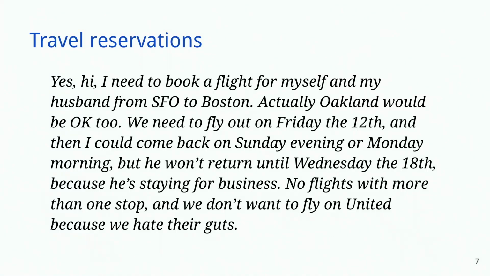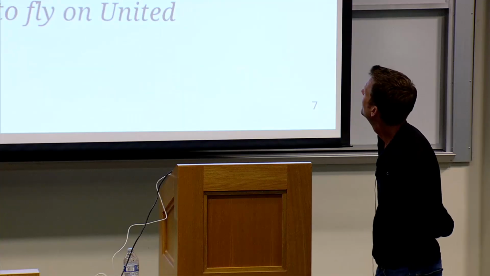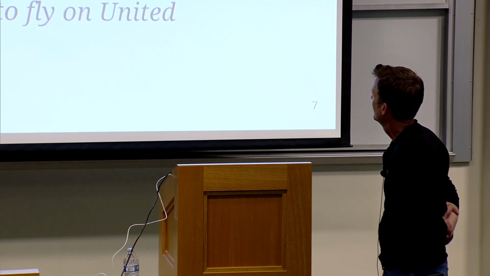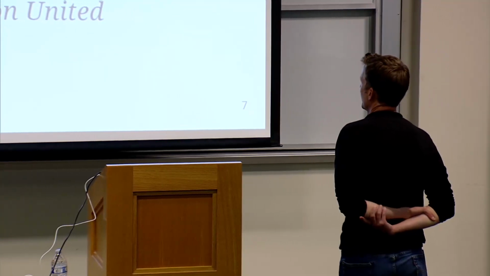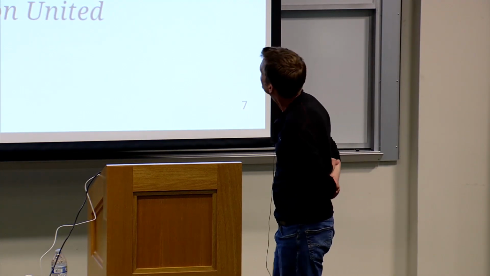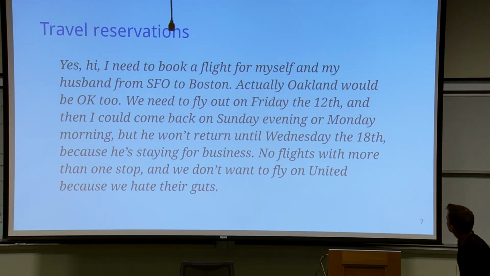There's lots of them. What's an example of ambiguity here? Like you could do Oakland or SFO. You could do Sunday evening or Monday morning. You would have to extract all of those and realize that they're the same sort of fill in the blank that they're related to. Yeah, one kind of ambiguity here: it refers to Oakland, but it doesn't actually make it clear whether Oakland is an alternative to SFO or an alternative to Boston.